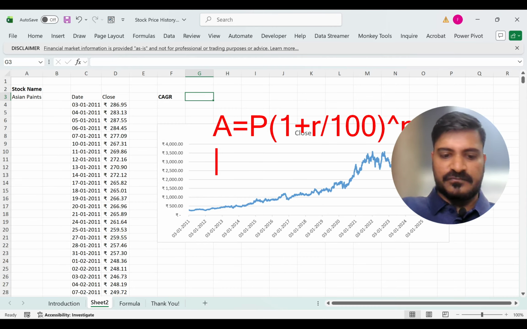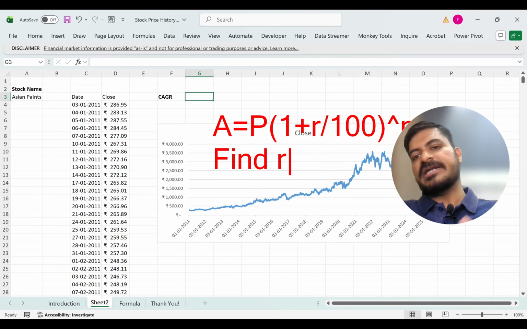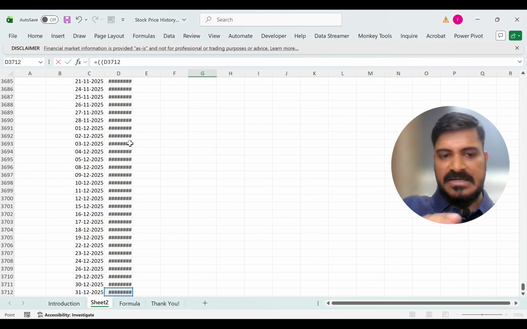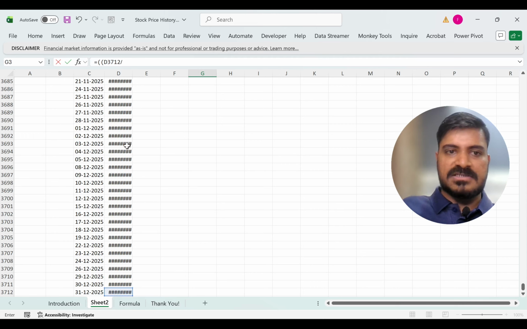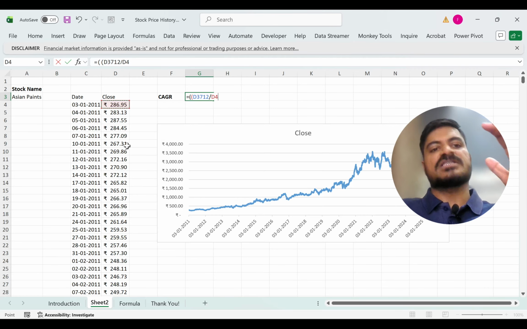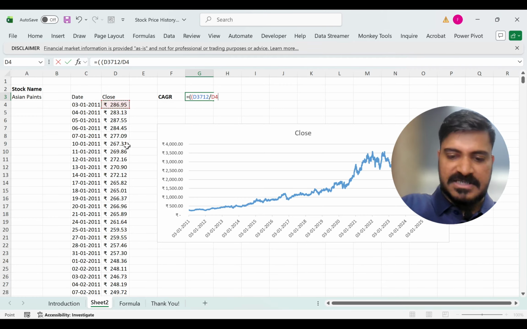Here we are trying to find R, and hence we are reverse calculating the function, which would stand as A by P. Here A is the final amount, which is on 31st of December. So we take A divided by the starting point. What is the price as on 1st of January 2011, or the first starting point, which is 3rd January in this case, raised to the power 1 by n.